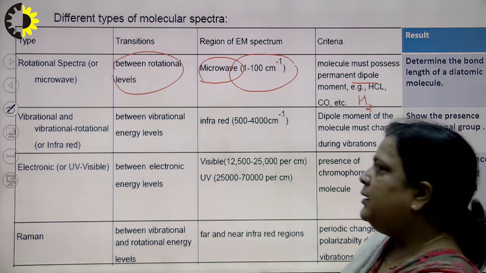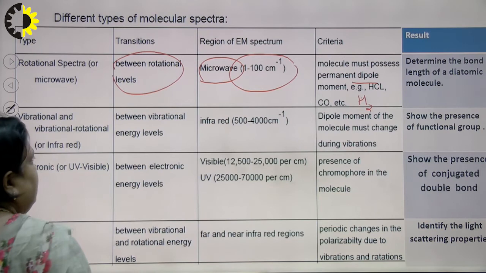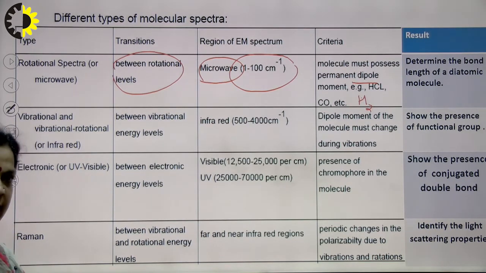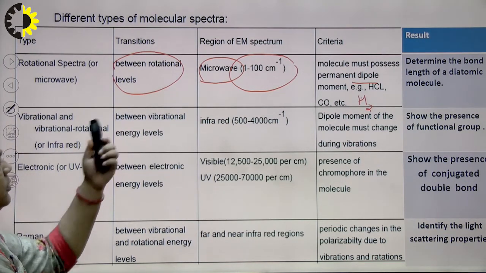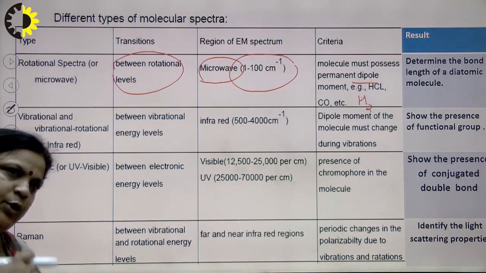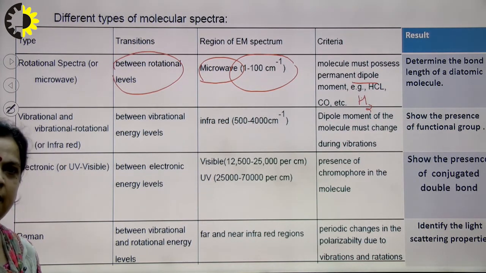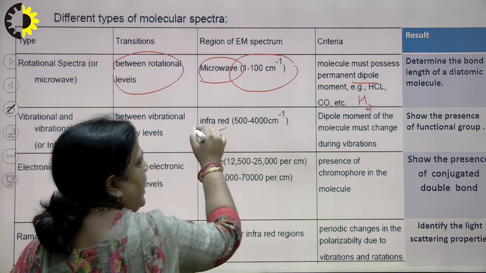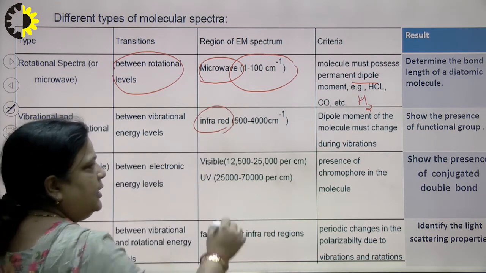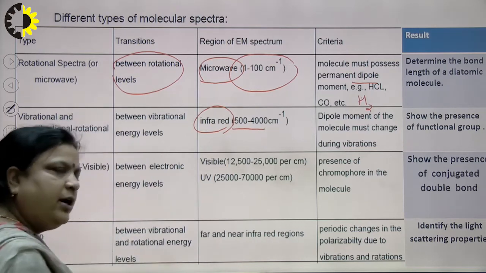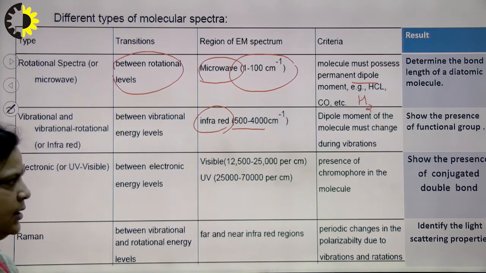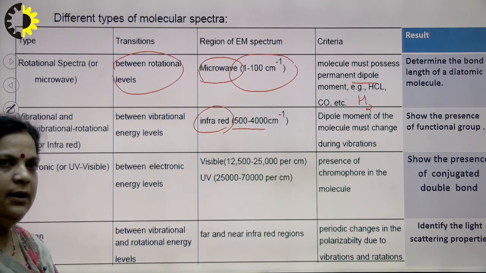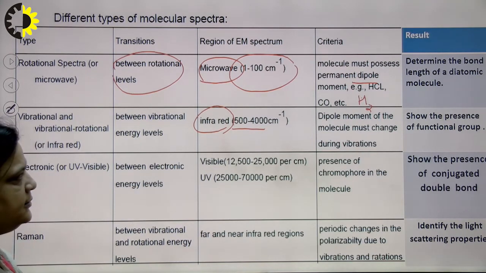Second, vibrational or vibrational-rotational energy level. Here the transition between vibrational energy levels occurs, and for these vibrations IR radiations are sufficient, and the range is 500 to 4000 centimeter inverse. We will read this in detail in further lectures.